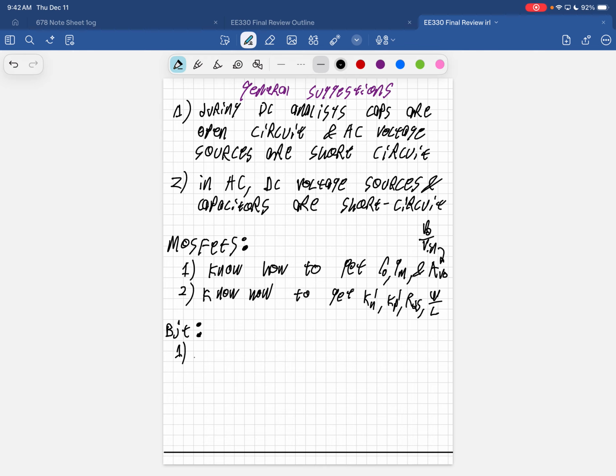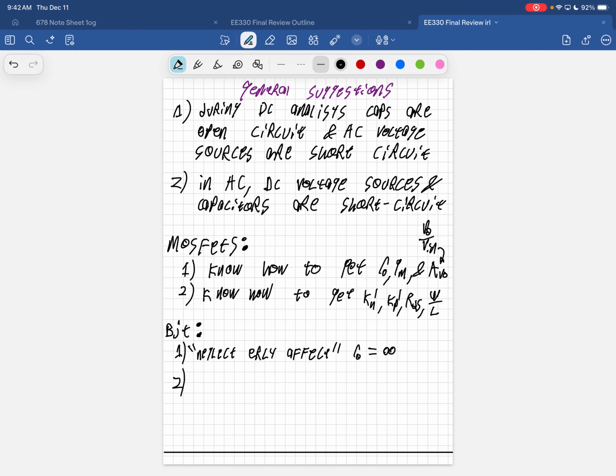So if they tell you to neglect early effect, then that means RO is infinity. I had a fellow master's student accidentally do the opposite of this the other day, and he was telling me a story about that, so I figured I'd put it on here. Yeah, so not zero, infinity, important.